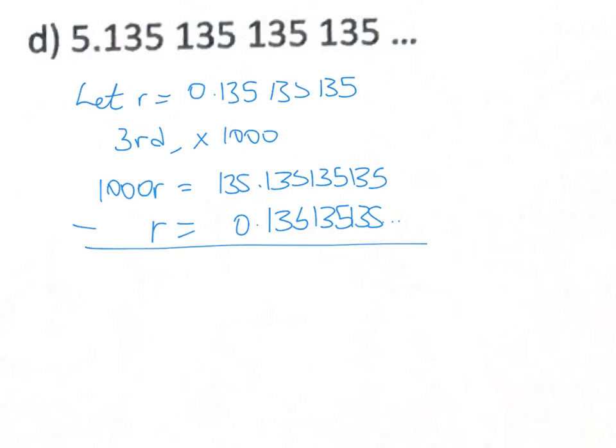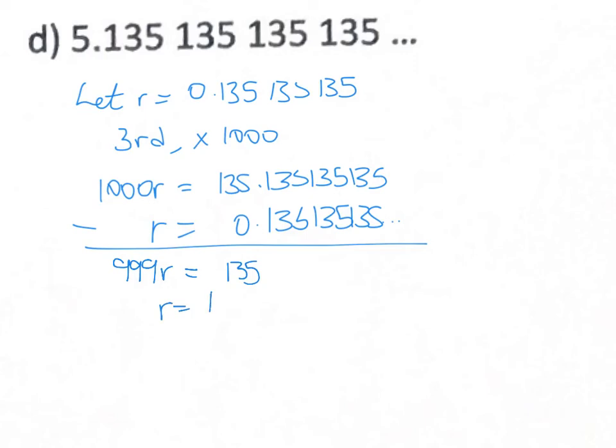Again, what we'll see is that the 5s line up, so they cancel, as do the 3s, as do the 1s, and so on. So all the decimals cancel, and we're left with 135 minus 0, which is 135. 1000r take away 1r is 999r.